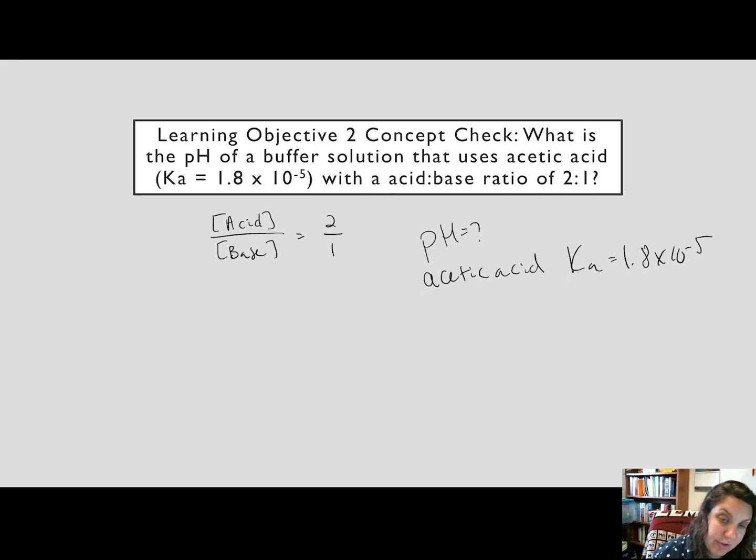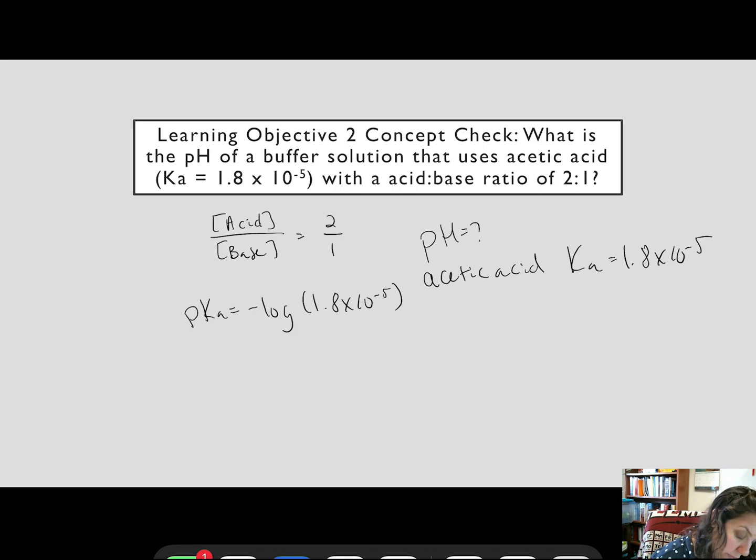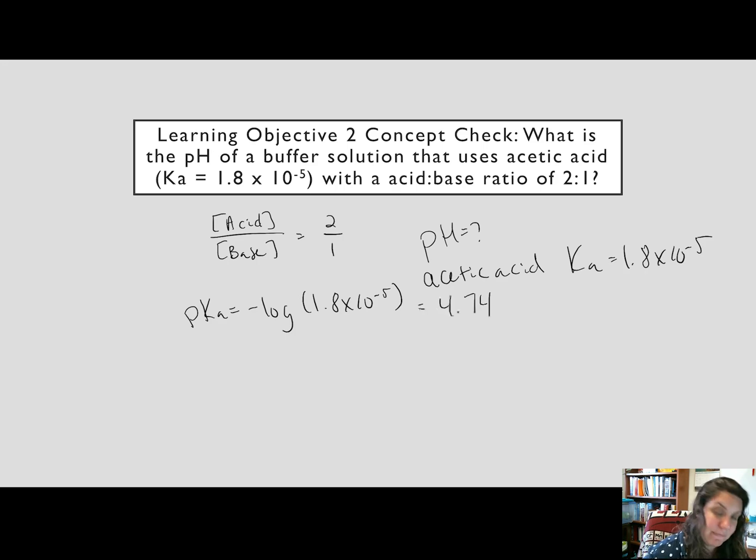So the first thing we want to do is solve for our pKa, which is negative log Ka. And when we solve for that, we get a value of 4.74.